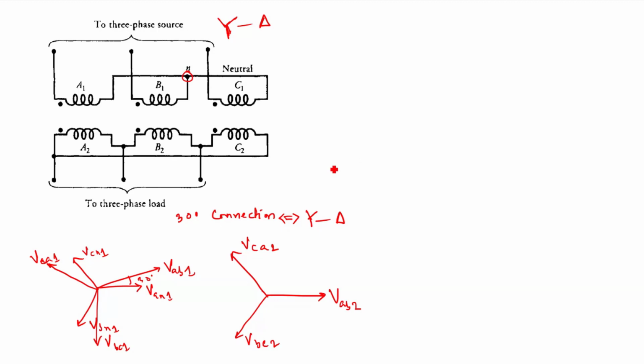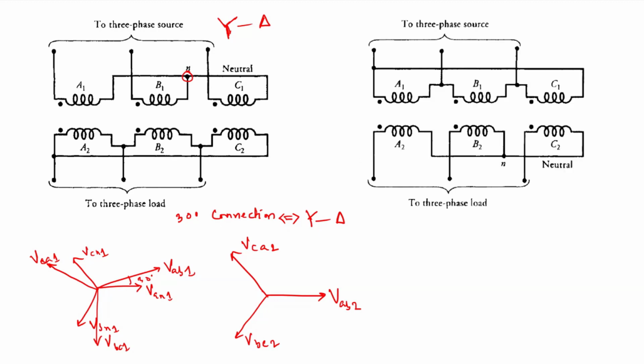Similarly, here is your connection for delta star, so here is your star point. This is your delta star connection where your primary windings are connected in delta and secondary windings are connected in star.